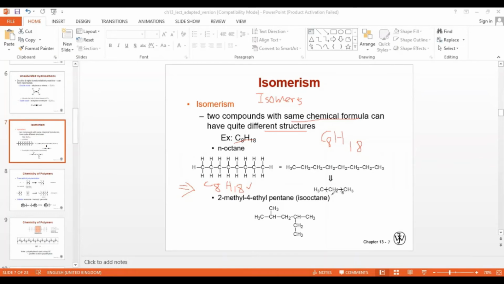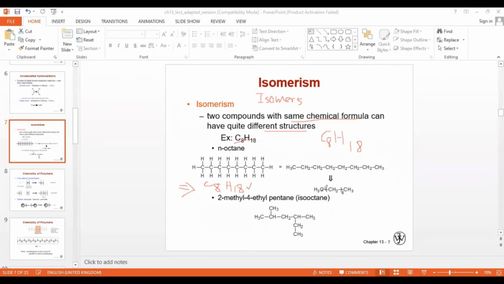So 6 times we are going to write CH2. This can be compressed to this format to reduce the time spent writing all this stuff.